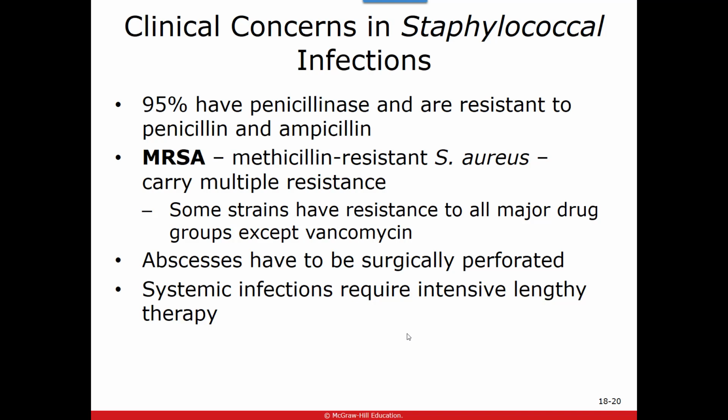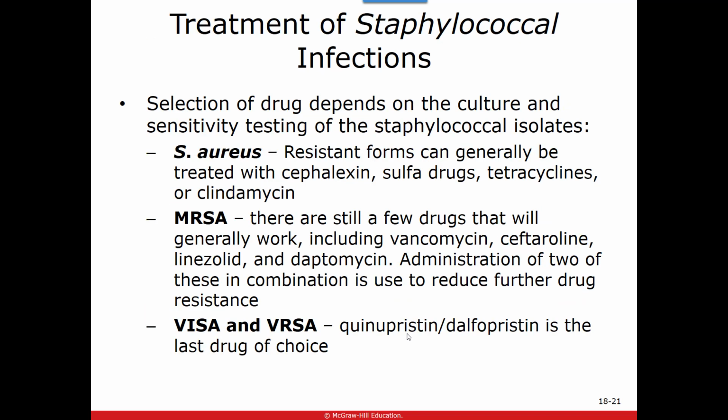Now, MRSA is not the only resistant staph bacteria. Again, Staph aureus, we do have things to treat Staph aureus. However, if you have the methicillin resistant strain, we just have different antibiotics to treat. And then now we have a couple more resistant strains.